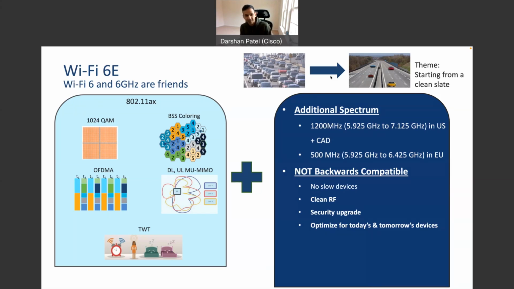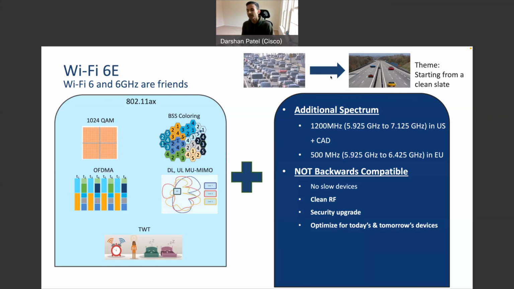Even though we achieved so much with 802.11ax with high efficiency, the good thing is all those great things are carried forward: for example, 1024 QAM, more bits so more data can be transferred, and BSS coloring, which is even going to get better with OBSS, overlapping basic service set. And we will talk about that later. But that's where it is even getting better. OFDMA: why waste the airtime? Instead, share it with other users.